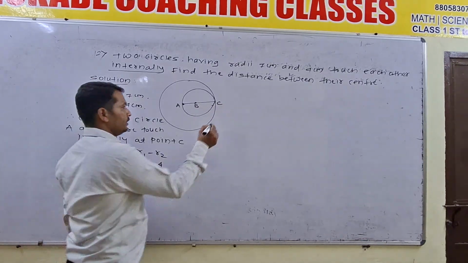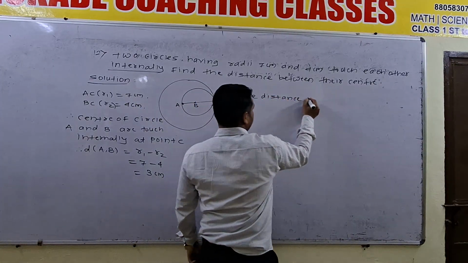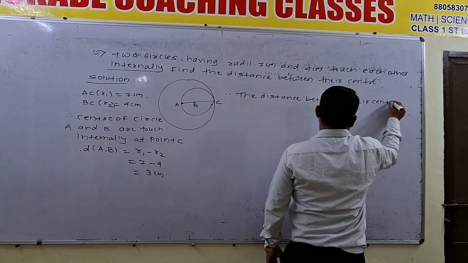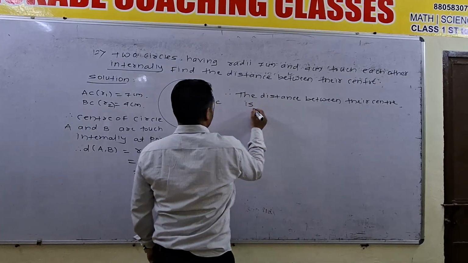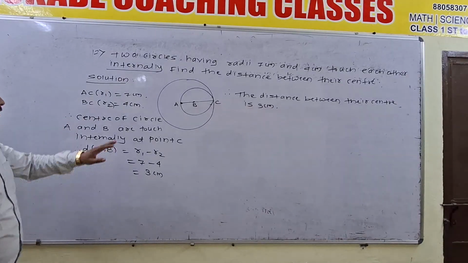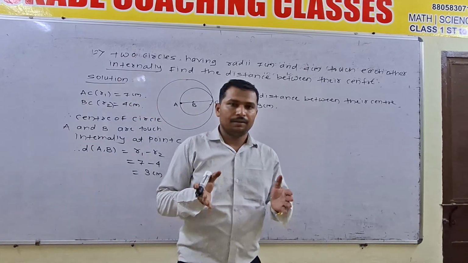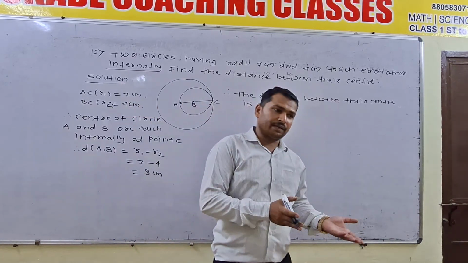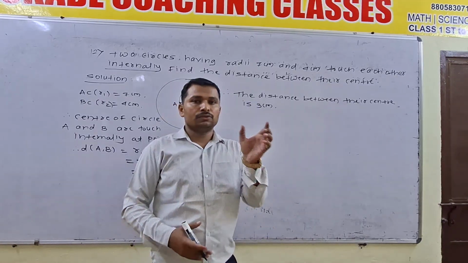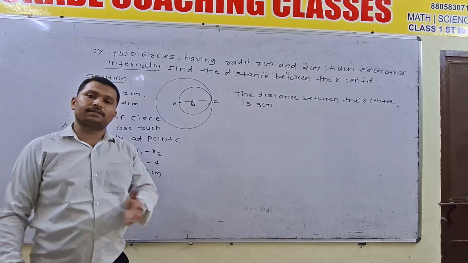The distance between their centers is 3 centimeter. That is your right answer. So that is internally. Next is externally. If given internally, we have subtraction, larger radius minus smaller radius. If given externally, we have addition, R1 plus R2, first circle radius plus second circle radius.